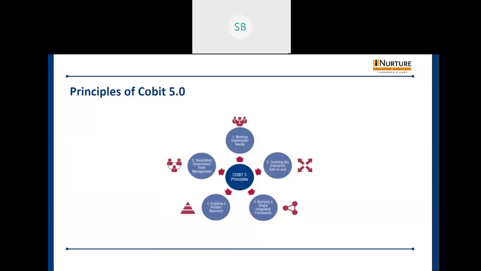Then we have the processes, a set of well organized activities to achieve an objective. What is a process? Actually nothing but an activity, right? We perform a set of activities to achieve some objectives so that our organizations can benefit.